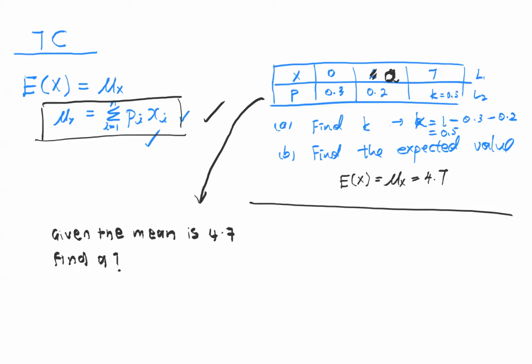So you have to go back to this formula. That is 4.7 is equal to, this one you have done in your Form 5, right? 0 times 0.3, that is P times Xi, plus A times 0.2, plus 7 times 0.5. So now can you find the value of A?